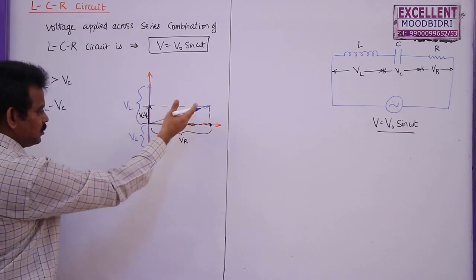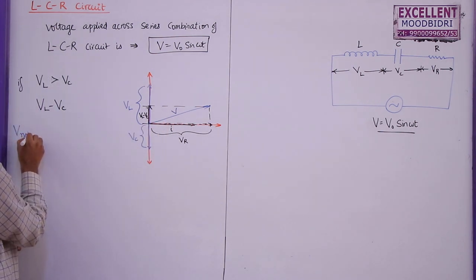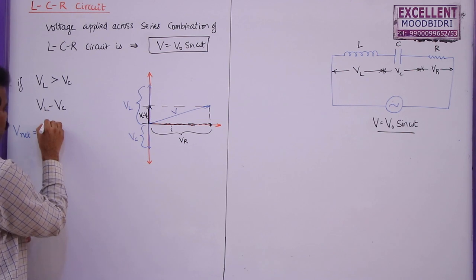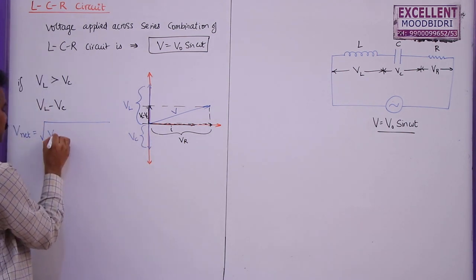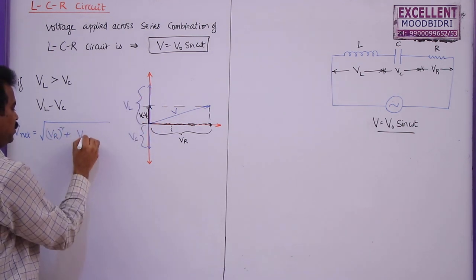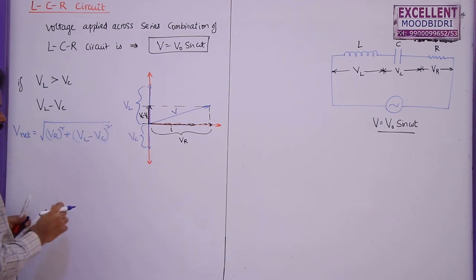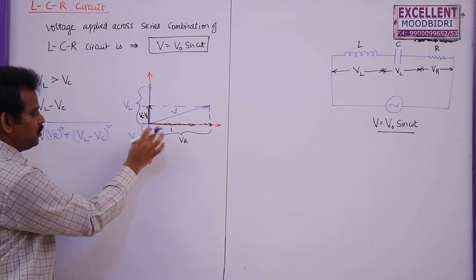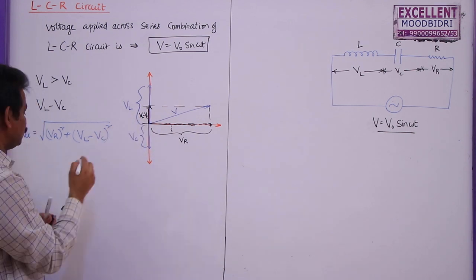So what is the resultant voltage or net voltage? V net is given by root over VR square plus VL minus VC whole square plus 2 into VR into VL minus VC into cos 90. I am not writing that one as cos 90 is equal to 0.